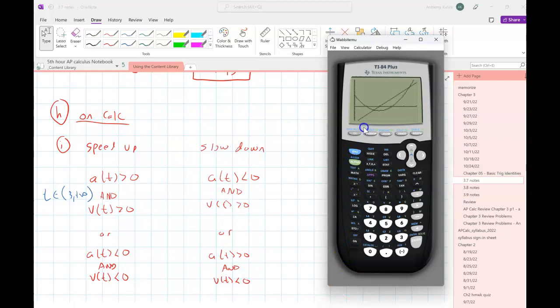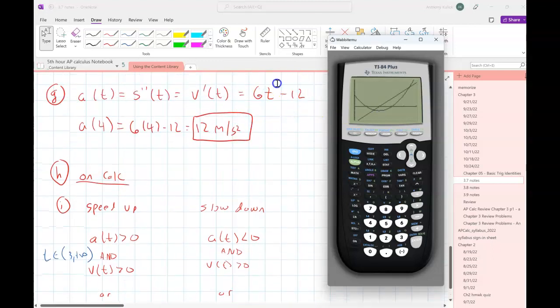If I look at the graph, where are both acceleration and velocity negative? Starting from this time, which is 1, because that was the other place where velocity was 0, to this time, which is, we're not sure, right?